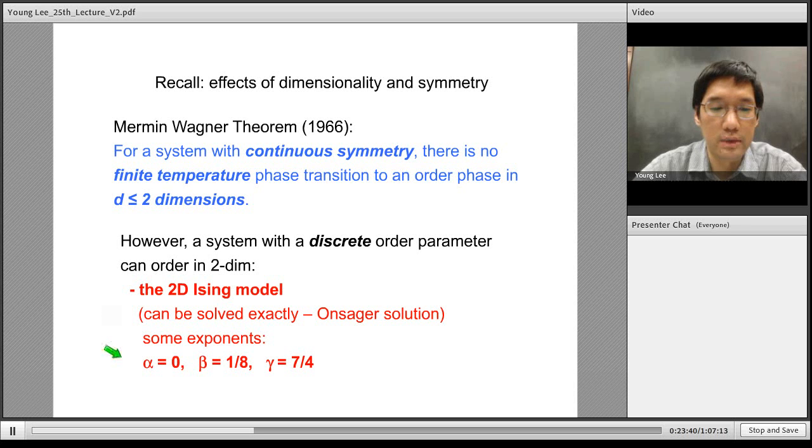The exact exponents are alpha equals 0, beta equals 1/8, and again beta is the exponent that goes with the order parameter, and gamma equals 7/4 for the susceptibility. And I guess this beta of 1/8 is something to keep in mind because we're going to see that in some neutron experiments.